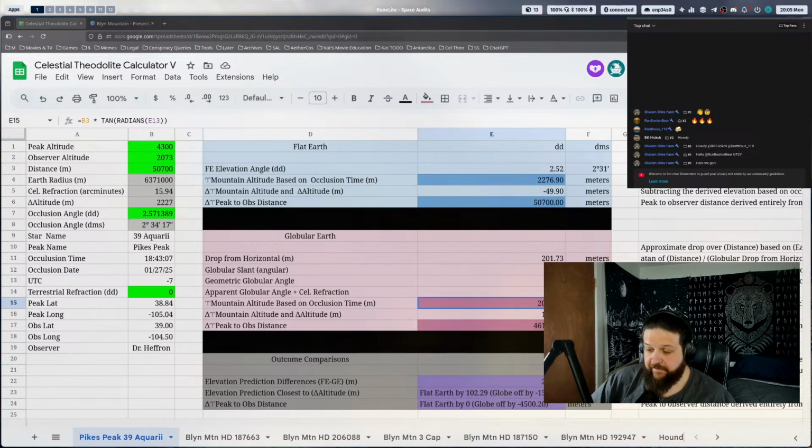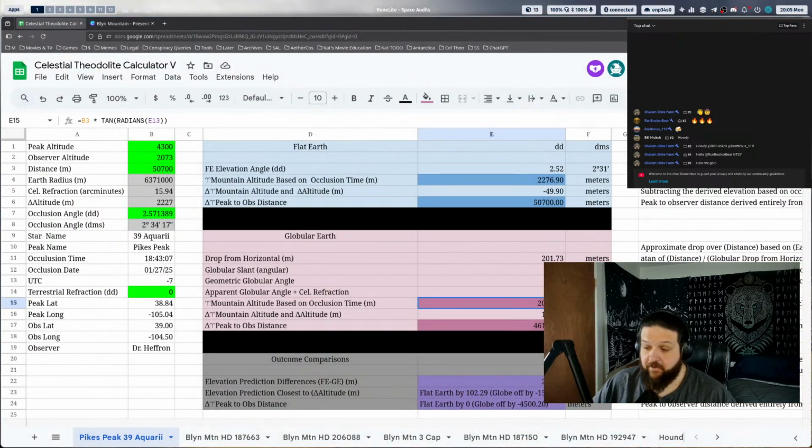Hello and welcome, everyone. We're about to begin the Celestial Theodolite update number 13. Today, we're going to be taking a new look at the data with the spreadsheet that I made. The battle of the spreadsheets has been ongoing for a couple of weeks now, and I figured I would take a gander at the data and make my own spreadsheet.